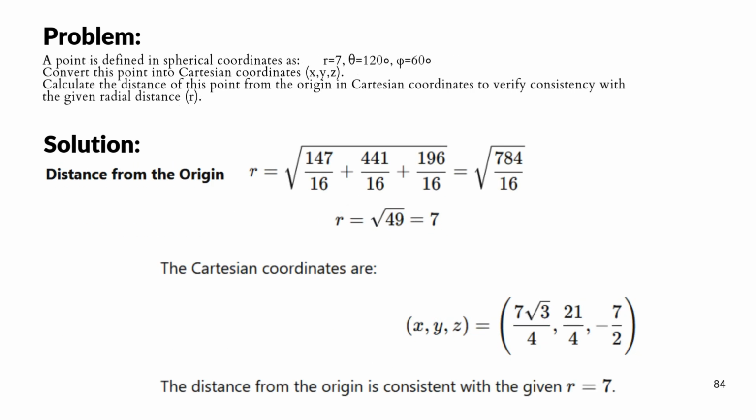After calculating, we can see that the distance is 7. So the Cartesian coordinates are 7 root 3 by 4, 21 by 4, and minus 7 by 2, whereas the distance from the origin is 7, consistent with the given radial distance.